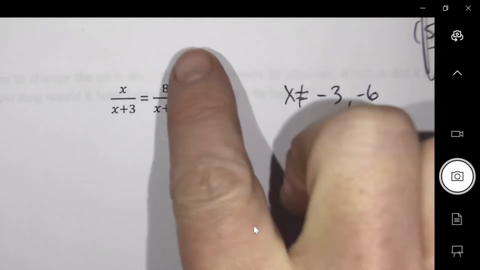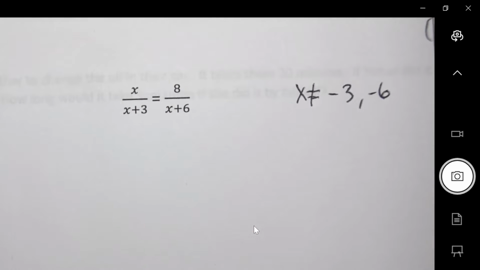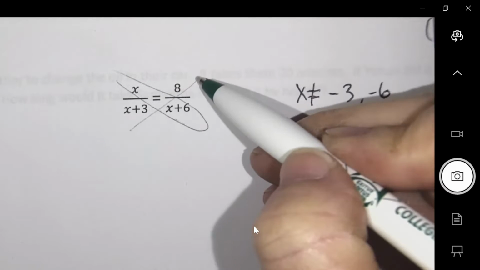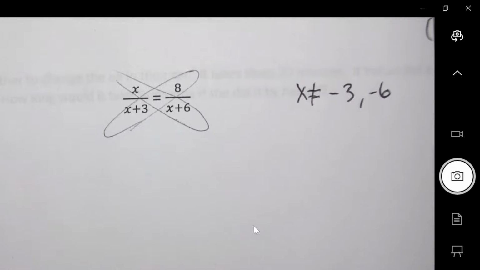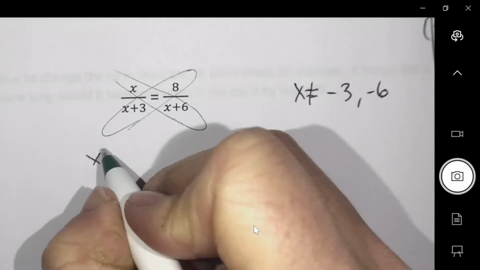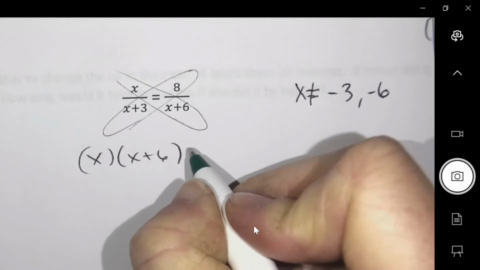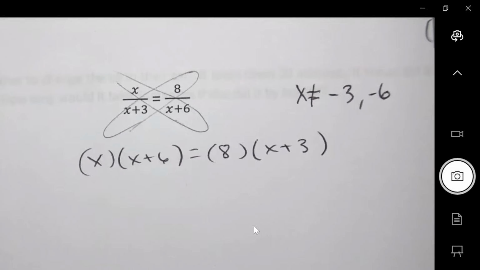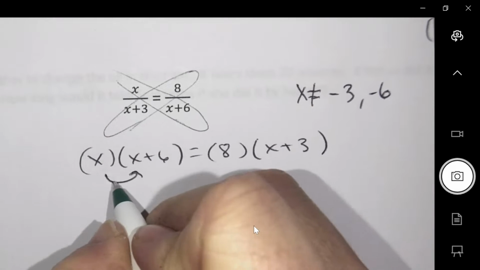Okay, when you're looking at this, you're saying, should I common denominator drop or should I cross multiply? Cross multiply. So that's the setup. Okay, so we're going to do this.